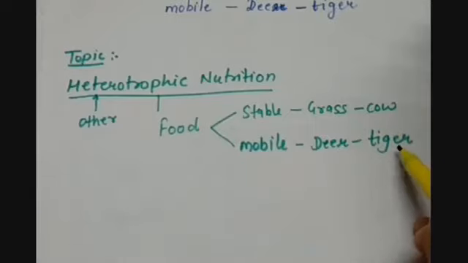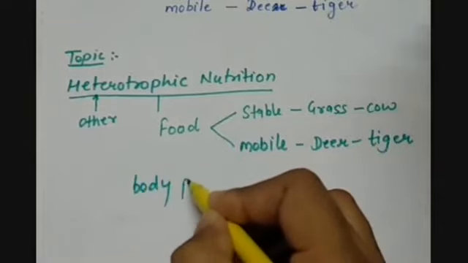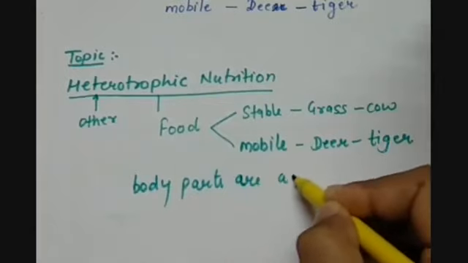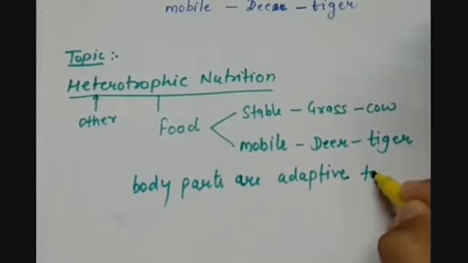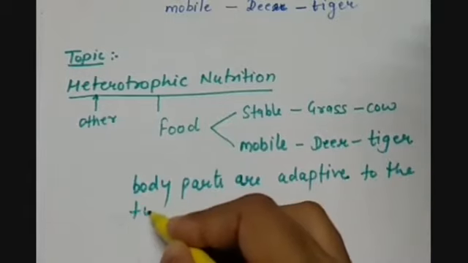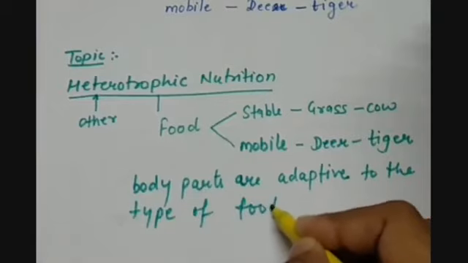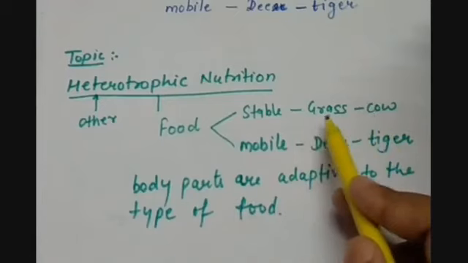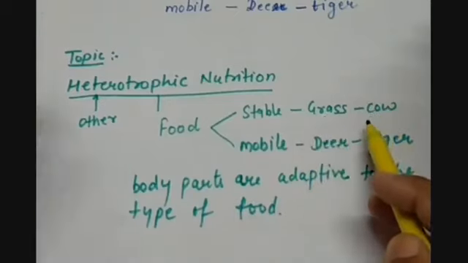So why are they different? Because their body parts are adaptive to the type of food that they eat. A cow eats grass because it is not able to run and catch its prey.